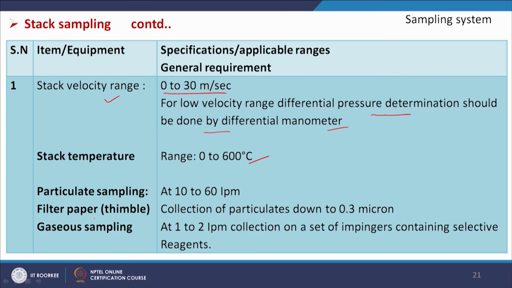For particulate sampling, that is filter paper, or gaseous sampling, both we can do at 10 to 60 LPM. This is for particulate sampling, collection of particulates down to 0.3 microns. Then for gas sampling at 1 to 2 LPM, collection on a set of impingers containing selective reagents, that we have discussed in the previous slide.